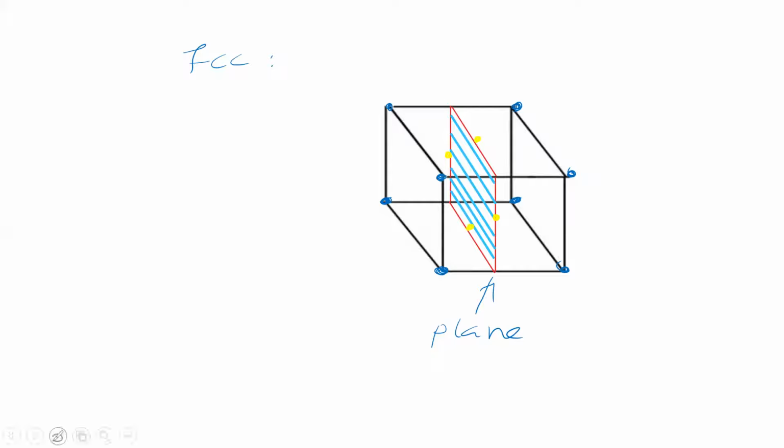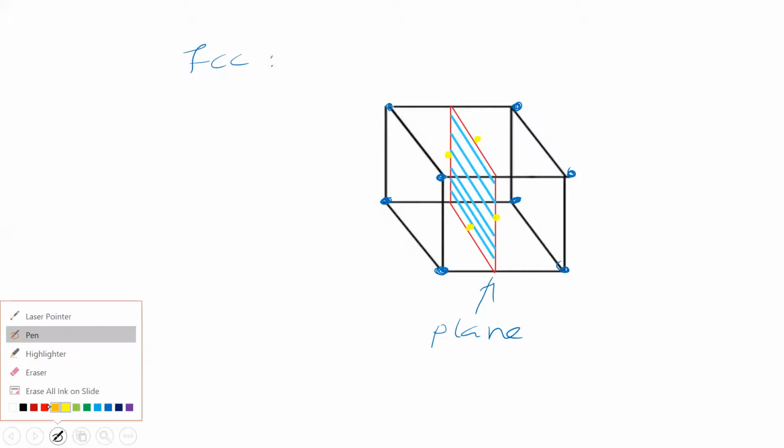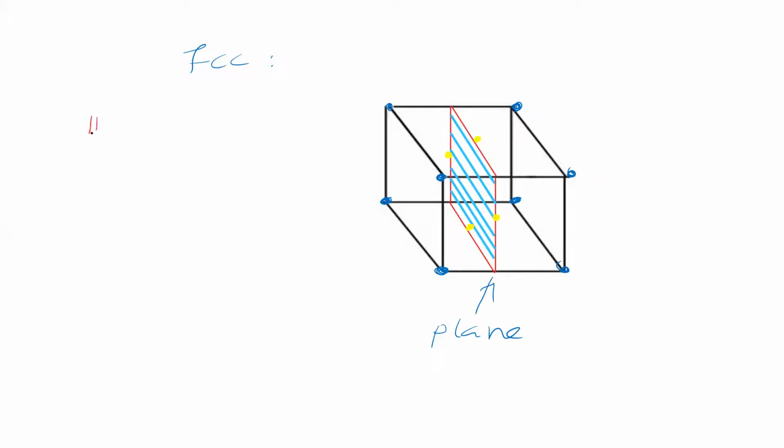Now we have mentioned a plane. For this plane we will write the intercepts: in the x-axis a by 2, in the y-axis parallel to the y-axis so infinity b, in the z-axis parallel to the z-axis so infinity c.